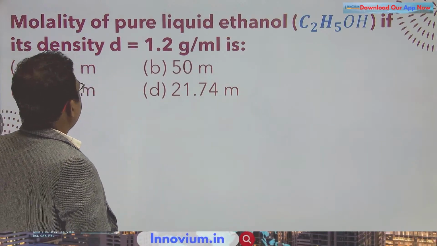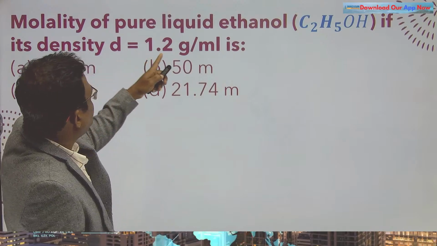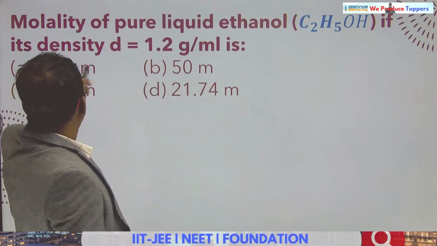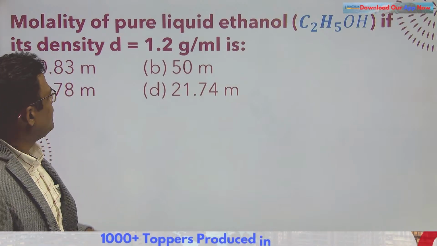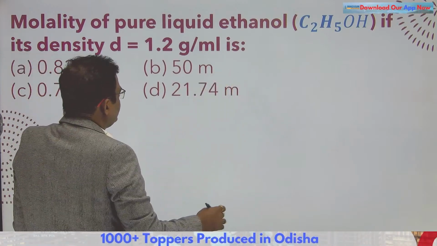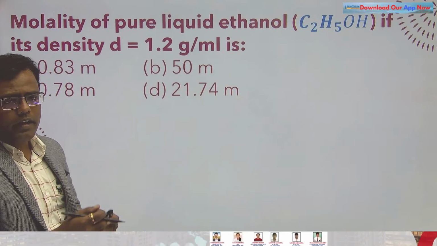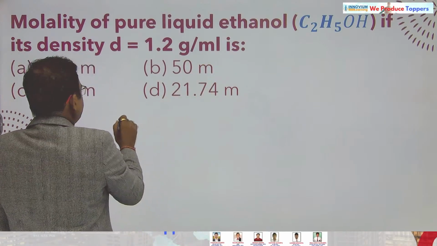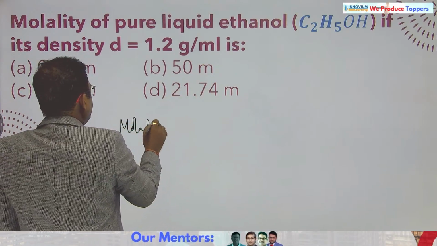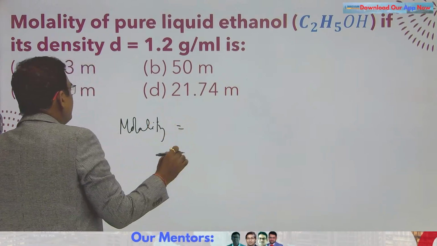So you see here the question is: molality of pure liquid ethanol if its density is given as 1.2 gram per ml. This is very easy. So you see this is also based on the direct formula or the basic definition. Correct? So what is the definition of molality, or the basic formula of molality?